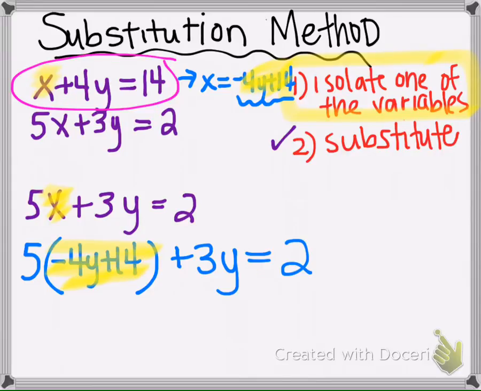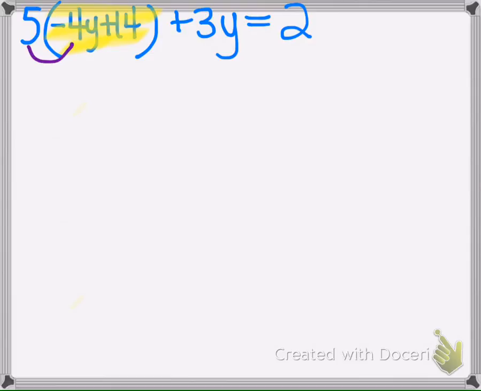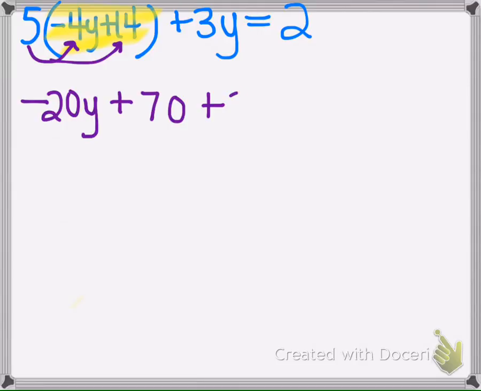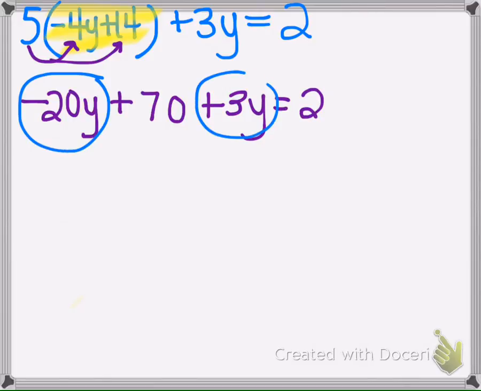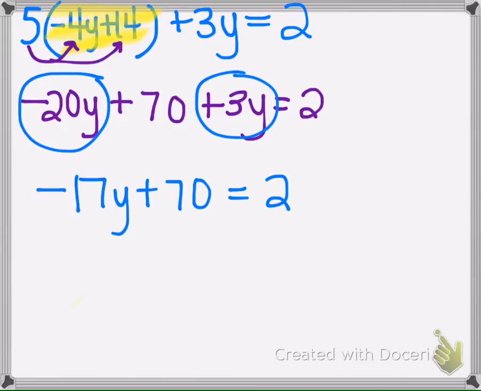Now we're going to go ahead and solve that for y. So I'm going to go ahead and distribute. Combine like terms. Now that we're done simplifying, subtract 70 from both sides.